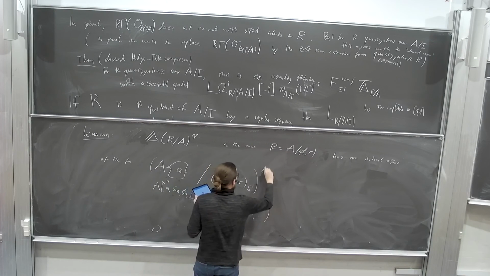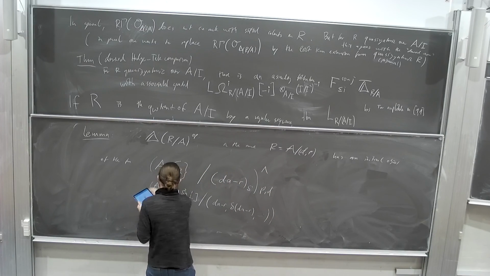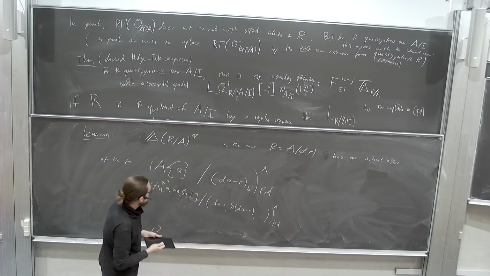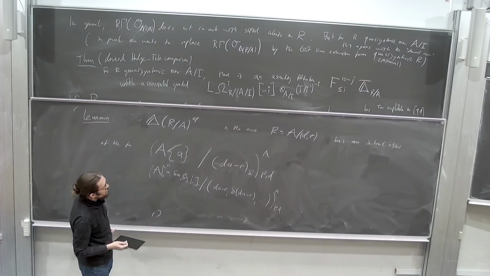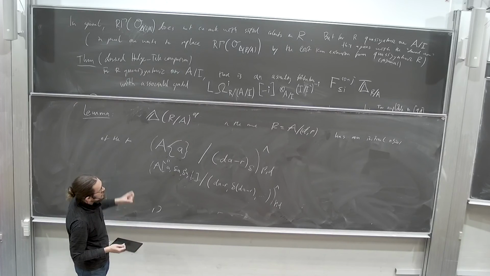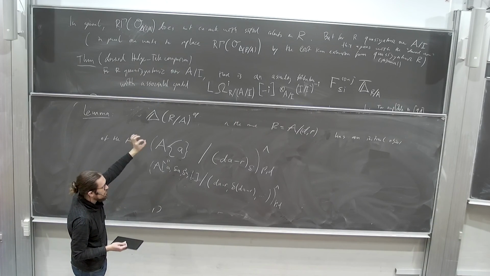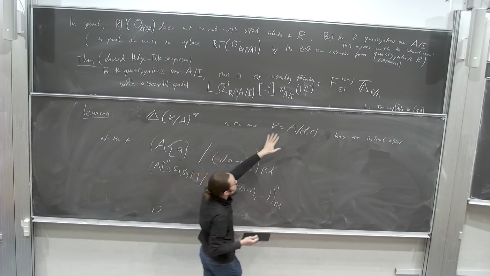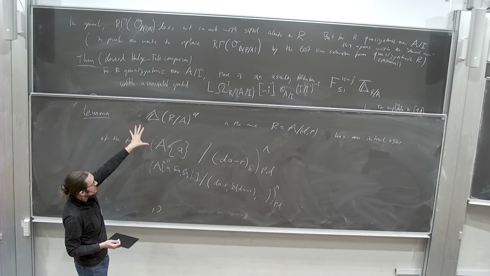So you have to complete it. A is any prism where the ideal is principal with a distinguished generator D, and R is a non-zero divisor on A mod D. So I really want this to be a regular quotient. Then this has an initial object.